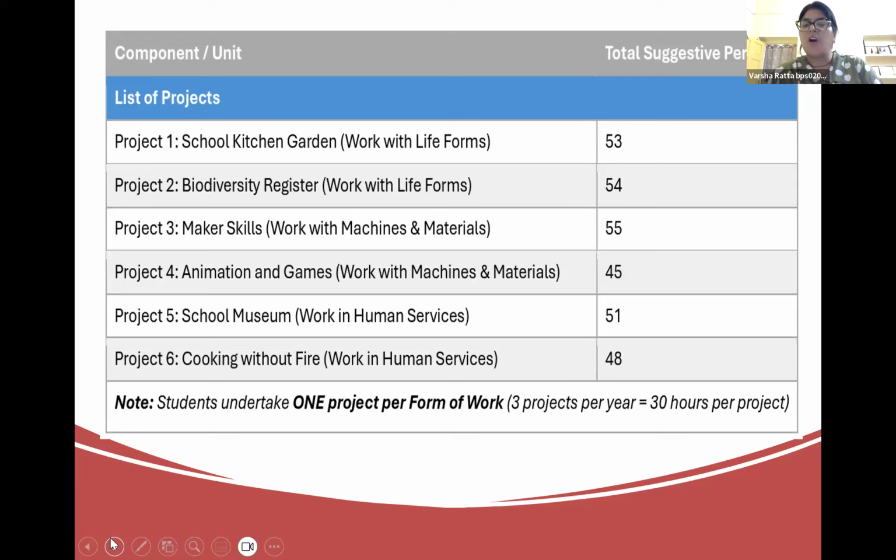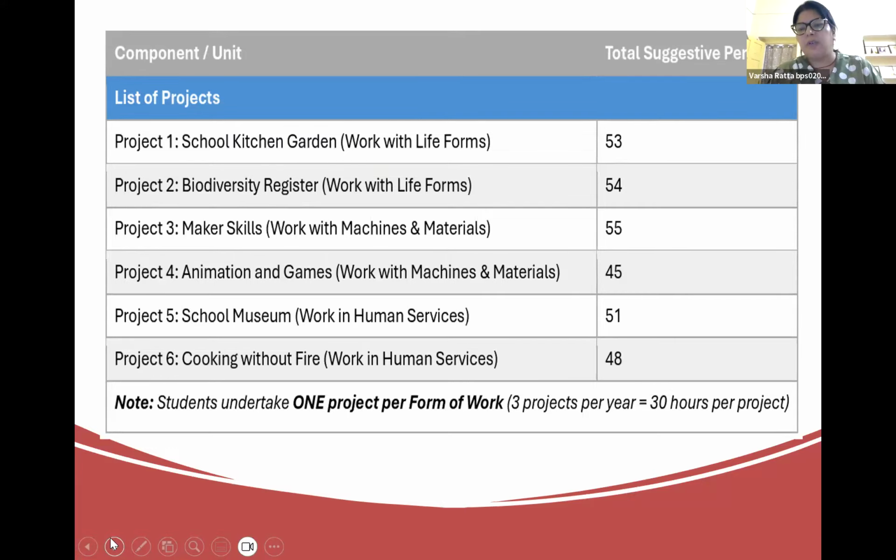Now this is the division of the number of classes. How we have divided it into 30 hours. For the school kitchen garden, obviously there can be 53 classes. For the biodiversity register that you can create, you can have 54 classes. For the maker skill, suppose you are doing carpentry or pottery or something, then 55.